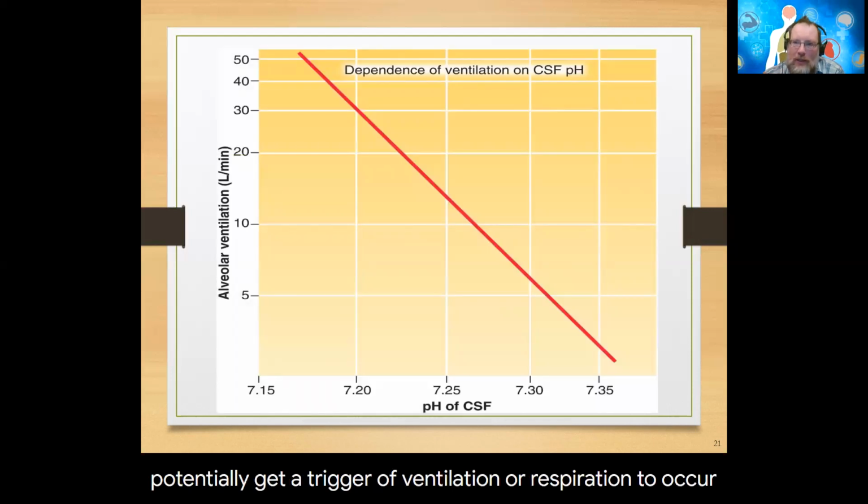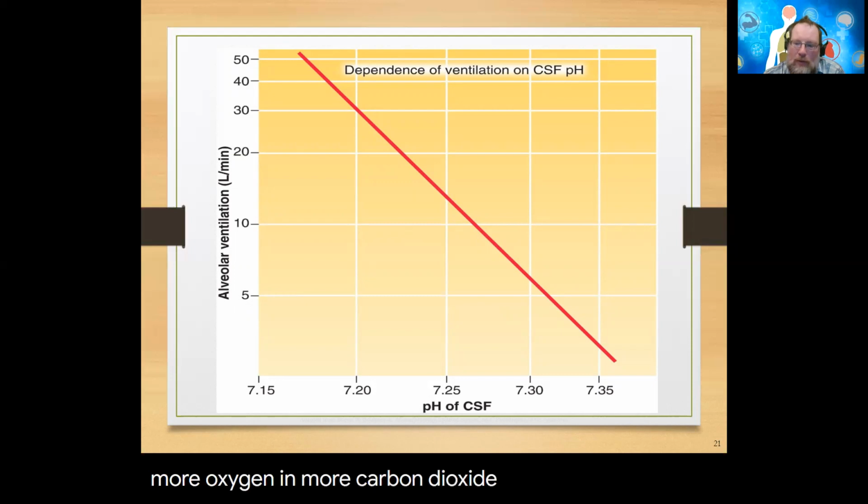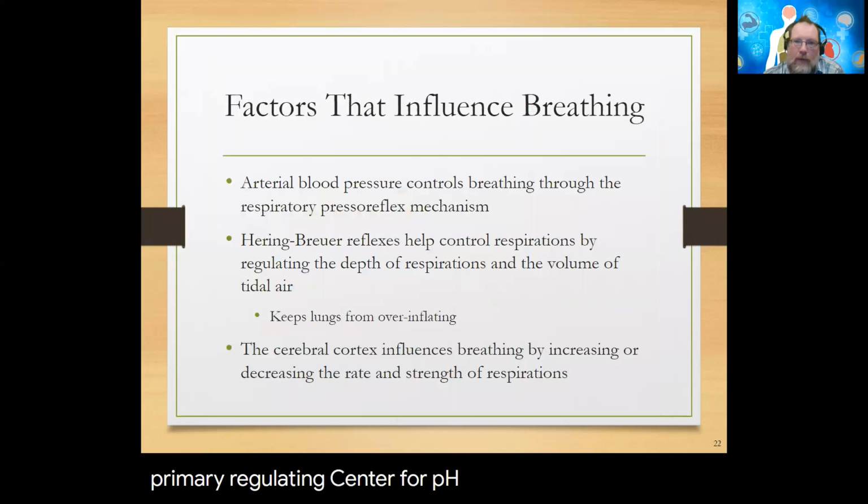More oxygen in, more carbon dioxide out will help to balance or regulate pH. In fact, your respiratory system is the primary regulating center for pH balance. Kidneys, or urinary, are second in command for pH regulation.